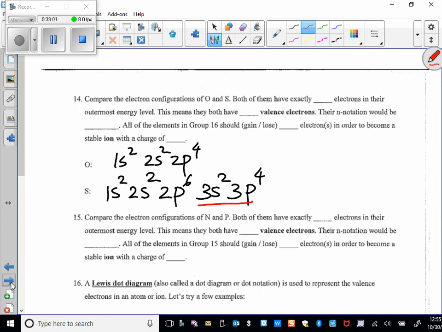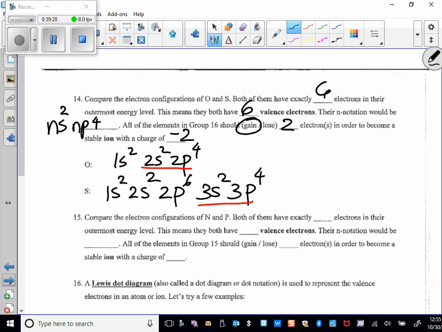What is the maximum number of electrons they have in the outermost shell? They have 6 electrons, which means they have 6 valence electrons. The N notation will be NS2 NP4. Will they like to lose or gain? Gain. How many electrons? 2. What will their charge become?